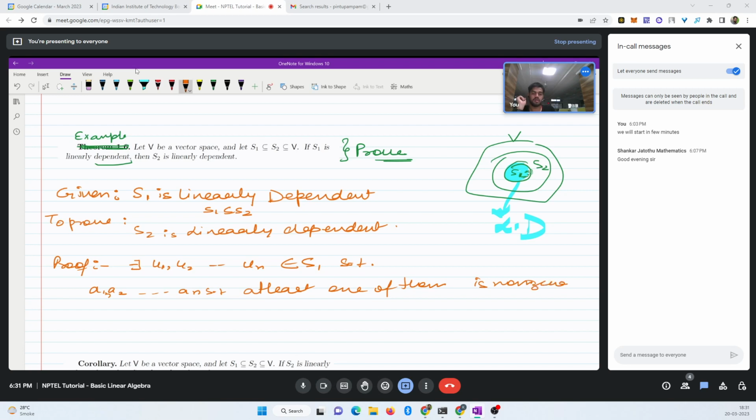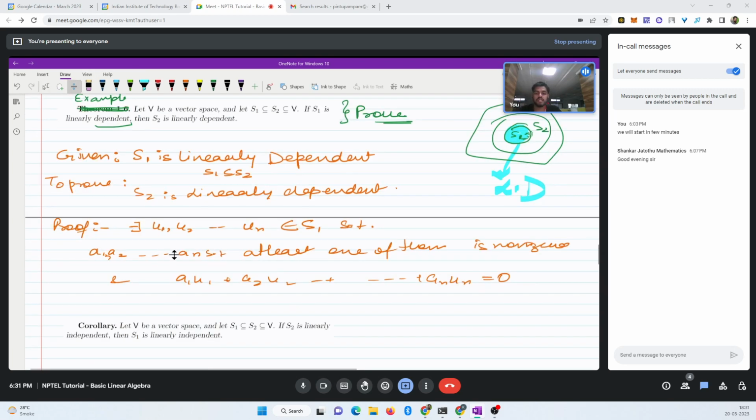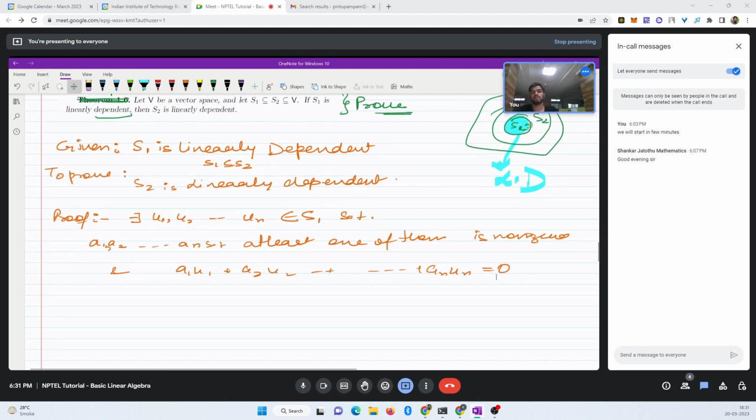Okay. And A1 U1 plus A2 U2 plus An Un is 0. So because S1 was linearly dependent, we can write this thing for S1, right?